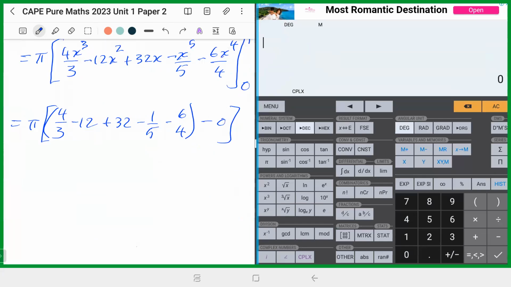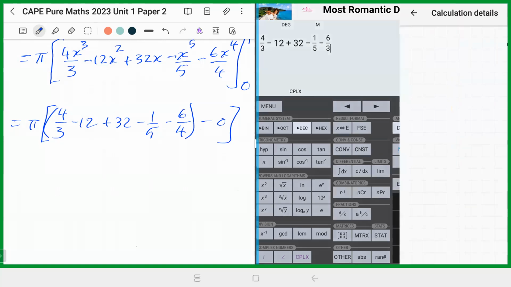So it's 4 over 3, and then subtract 12, and then add 32, and then subtract 1 over 5, then subtract 6 over 4. And get down to 19.13 repeated. That's what that is.